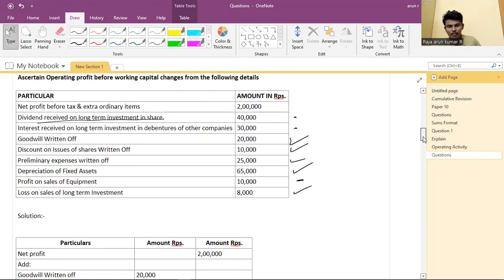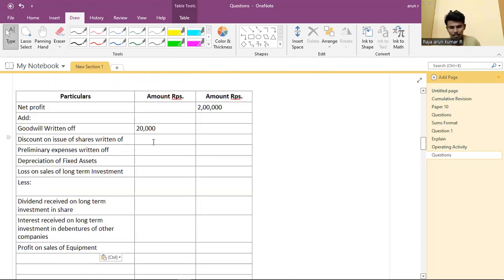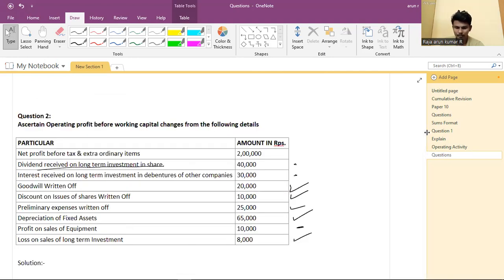Okay, note it down, each and every transaction is very important. We do the numbers: 20,000, 10, 25, 65. 10,000, 65,000. I hope it is right. 20, 10, 25, 65. Then 8,000.